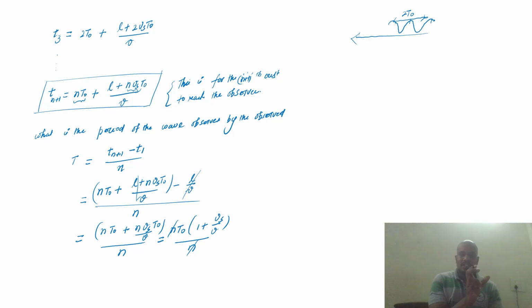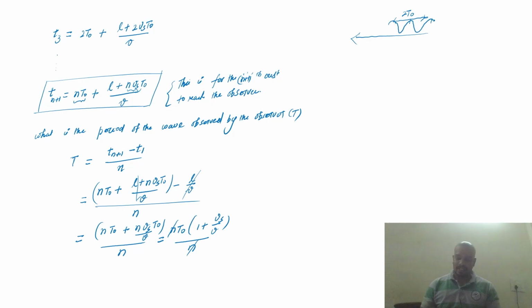But the measured period by the observer will not be the same, because the source is moving away from the observer. So we should not take t naught here. The period of the wave observed by the observer will be T. The T is nothing but the difference between the (n+1)th crest and the first crest, divided by the number of periods.